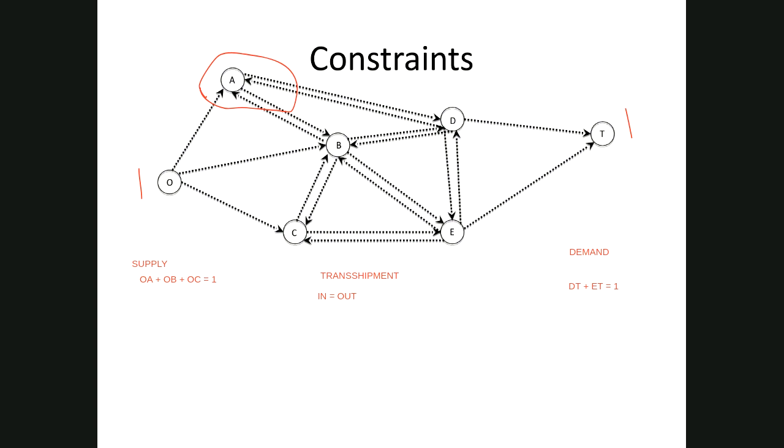Here's a path coming into A, here's another path coming into A, and here's another path coming into A. And there are two that are leaving A: the one that goes from A to D, and the one that goes from A to B. So that's how we know what's going into A and out of A.